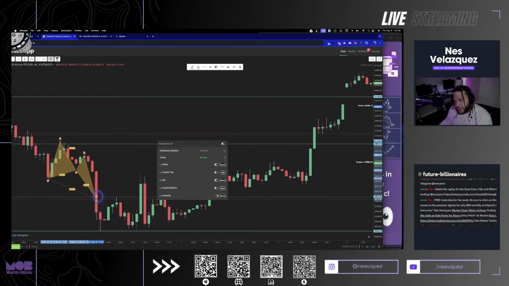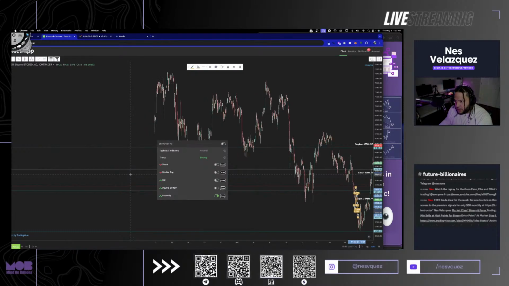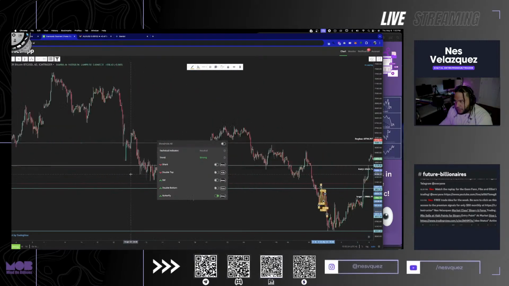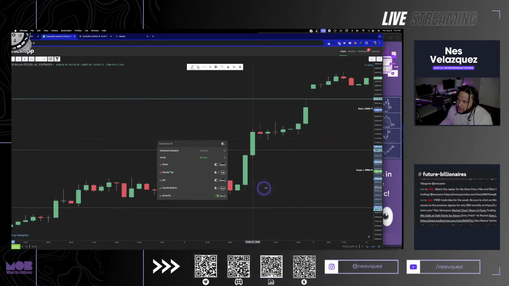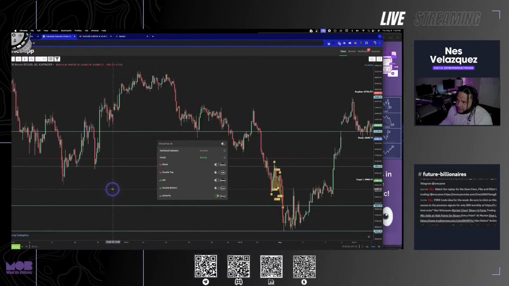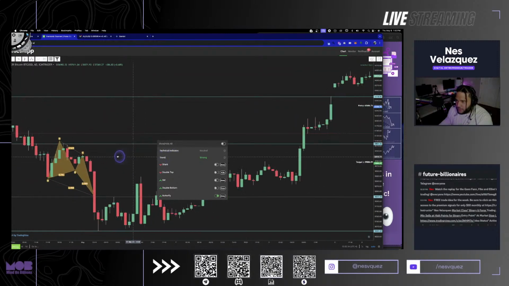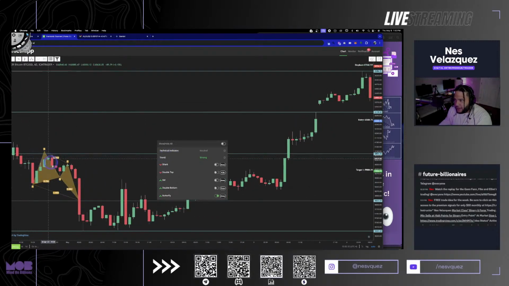It's pretty lopsided, but this support was detected. So this is probably based on a support previously, sometime in the past. Yeah, that was a support level that was marked a while back. But yeah, so this right here is a butterfly.